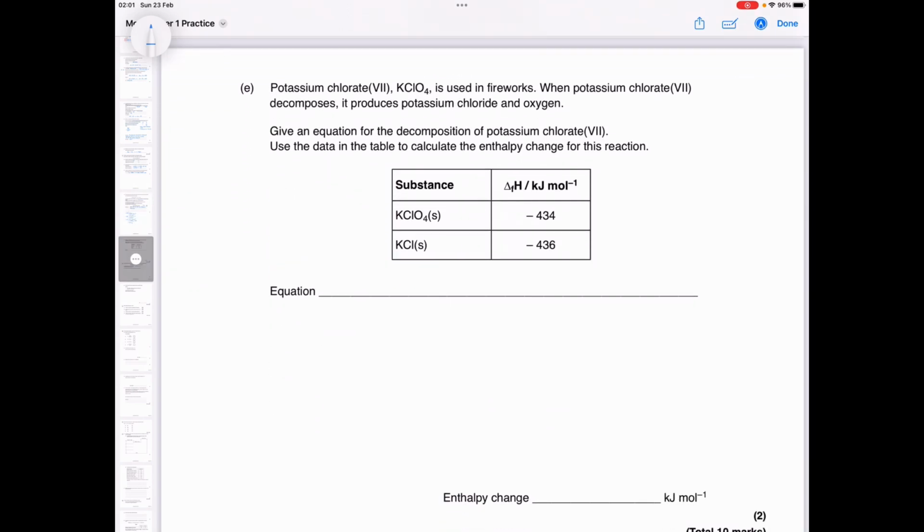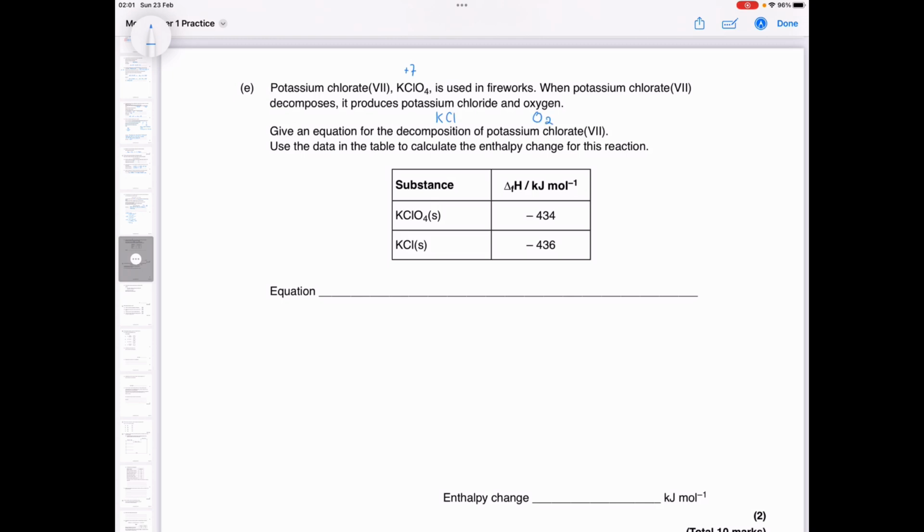Question 9 part E. Potassium chlorate(VII), KClO4, so this is chlorine in its +7 oxidation state, is used in fireworks. When potassium chlorate(VII) decomposes, it produces potassium chloride, KCl, and oxygen, O2.